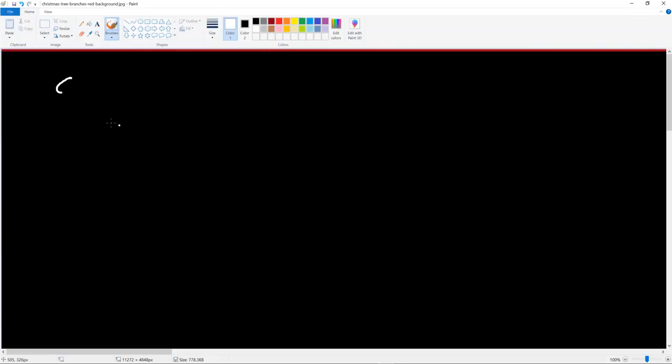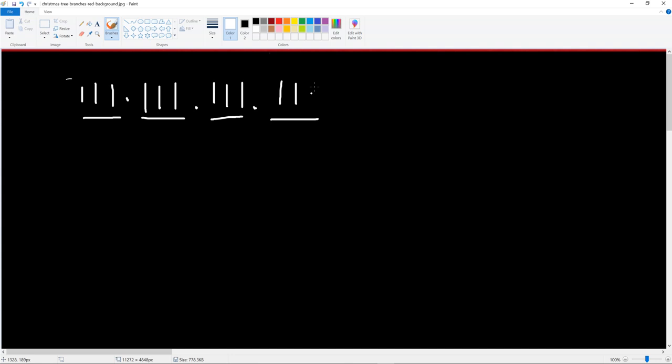Just to add up, we saw that web address that has 111.111.111. And coming from an IT background, we already know that an IP address comes in 4 octets. This is octet 1, octet 2, octet 3, and octet 4.